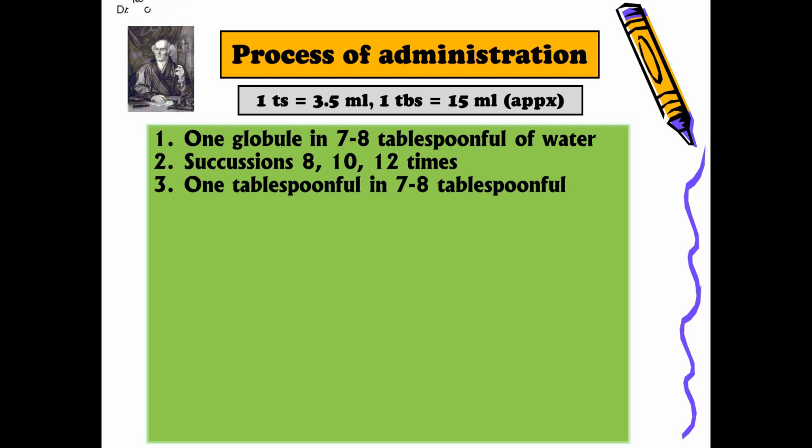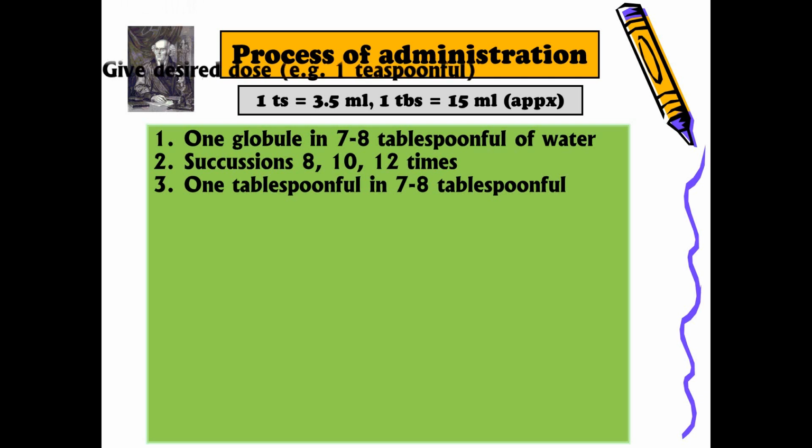Whichever source you read, the substance is this, that 1 globule in 7 to 8 teaspoonfuls of water, then give either 8 or 10 or 12 succussions, tell the patient to give, because it depends on the sensitivity of the person. If you want more power, then the patient can give 12 succussions also. Then give 1 tablespoon in 7 to 8 tablespoonfuls. That is diluted about 8 times.